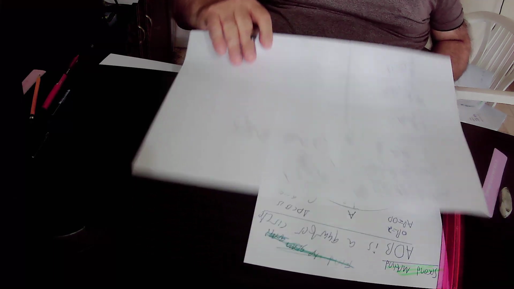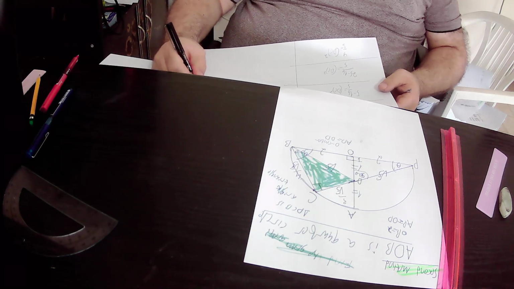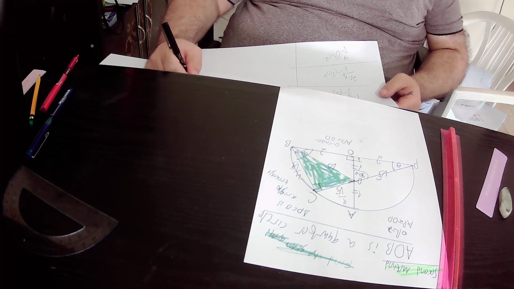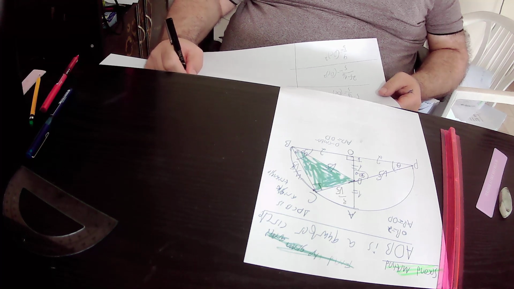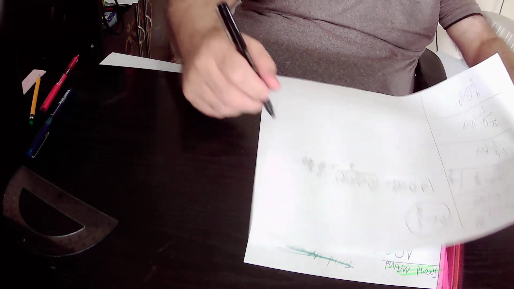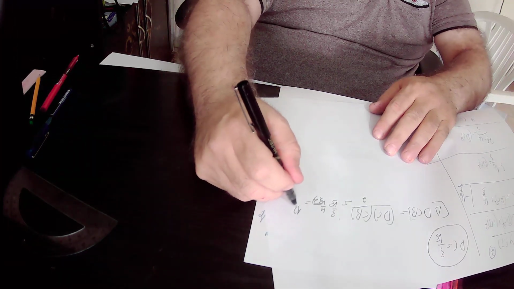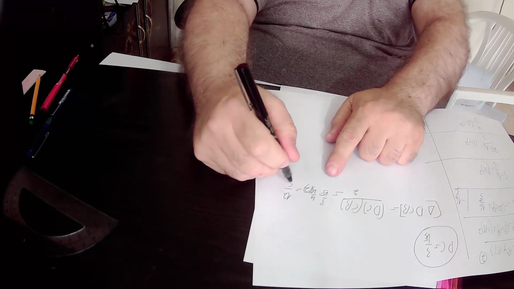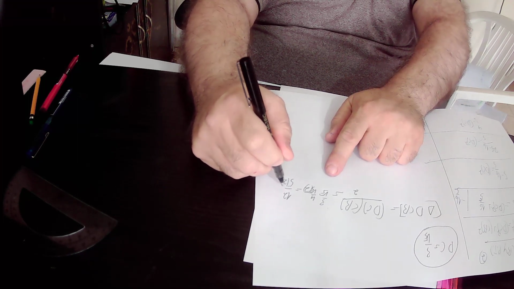So here, DC equals 3 over square root of 5 units, times CB, that is 4 over square root of 5 units, all divided by 2. So here we have, in the numerator, 3 times 4 is 12. In the denominator we have square root of 5 times square root of 5, that is 5, times 2.